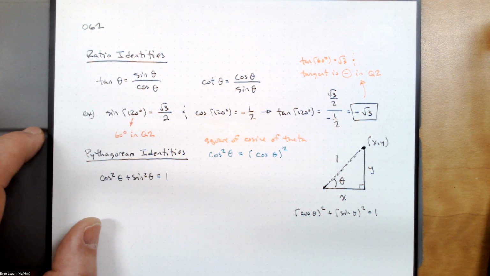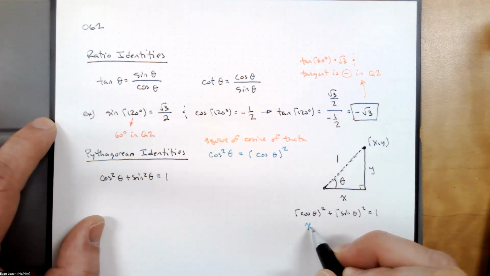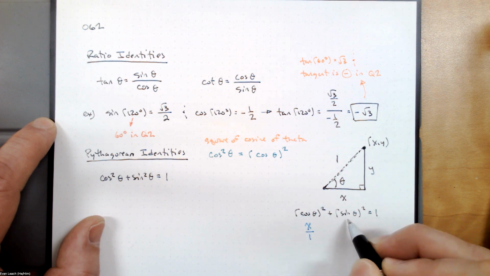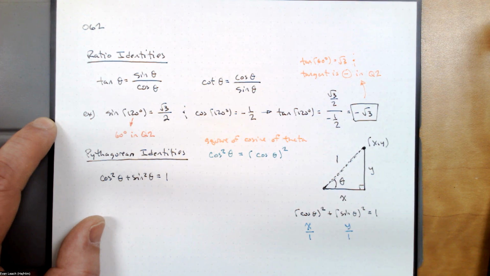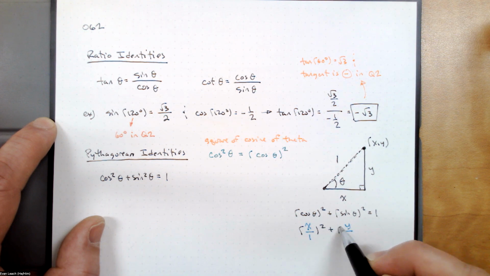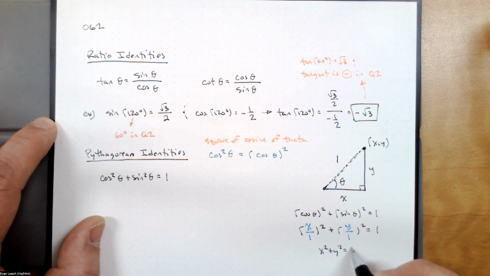Cosine of theta is x over 1. Sine of theta is y over 1. Which gives us x squared plus y squared is equal to 1.